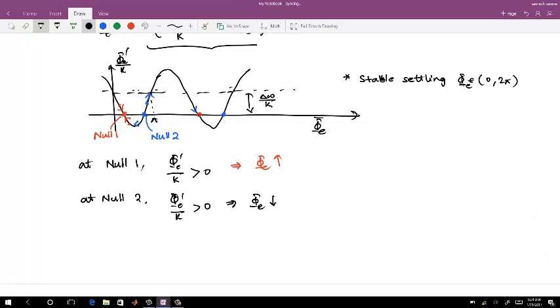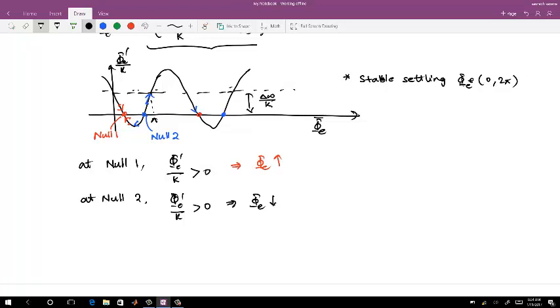You find a stable point as long as delta omega by k is less than 1. If you start at this point, the red one, you will settle to a closer null. If you start somewhere away, you will settle to the next null. But you always settle within the 0 to 2 pi phase.